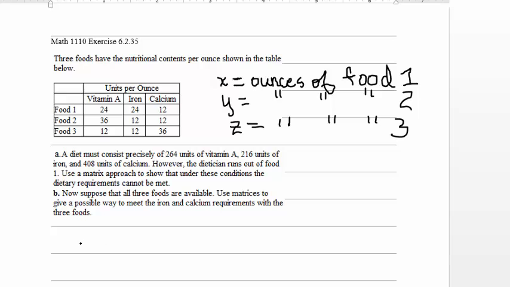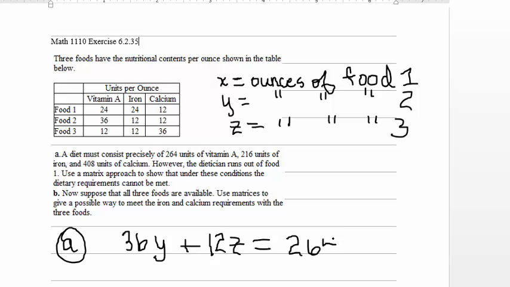And we're going to set up a system of equations for part A. So, because we don't have food 1, 36y plus 12z units of vitamin A must equal 264.